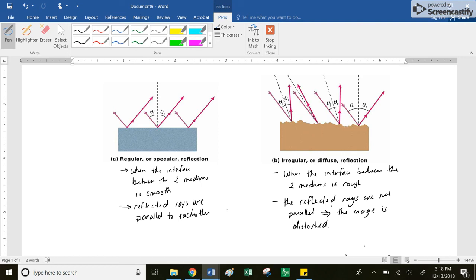Whereas if you use a public restroom, like on the beach or at the park, they pretty much just put a piece of metal as the mirror, and it's not a smooth surface, it's a really rough surface. You can see some fleshy blob in the mirror, but you can't really tell it's you because it's not a smooth surface. All those reflected rays are coming back non-parallel, and so it doesn't form a clear image from what it was before.